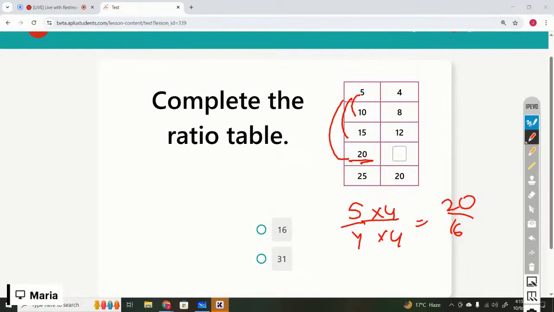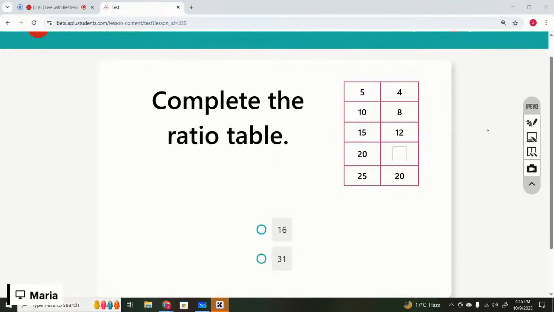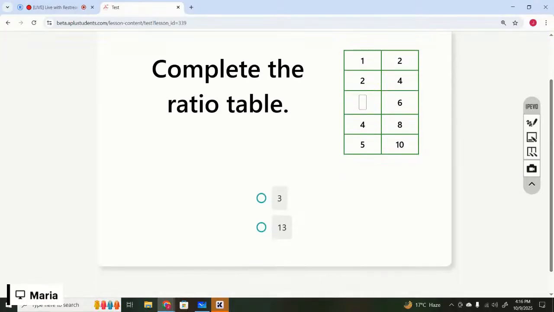The missing value is 16. Option number 1 is the correct option. Complete the ratio table.